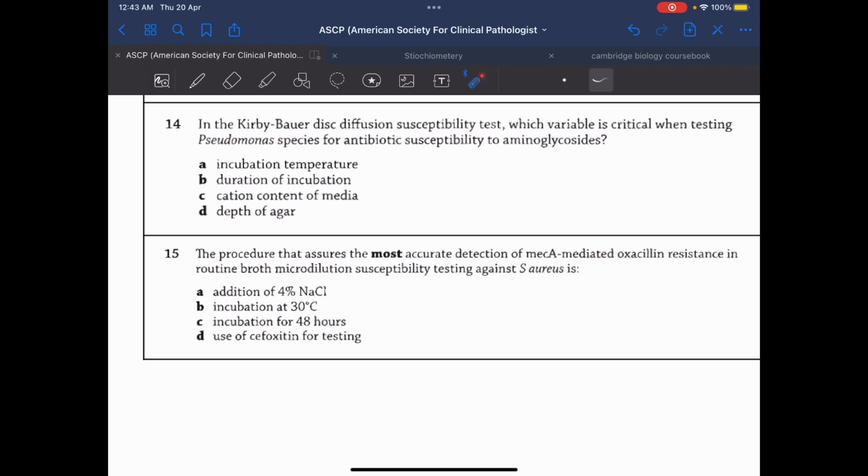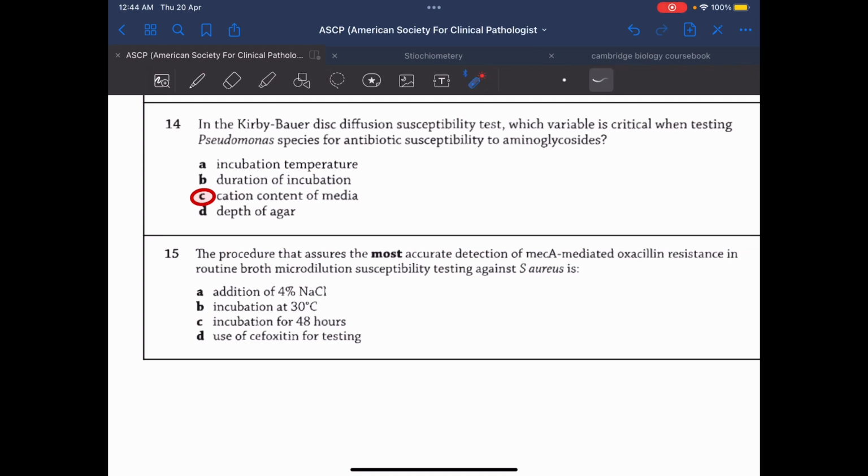Variation in the concentration of divalent cations, primarily calcium and magnesium, affects the results of aminoglycosides, tetracycline, and colistin tests with Pseudomonas aeruginosa isolates. A cation concentration that is too high results in smaller zone sizes, and a concentration that is too low increases the zone sizes. So the correct answer is C. Cation content of media, especially calcium and magnesium.